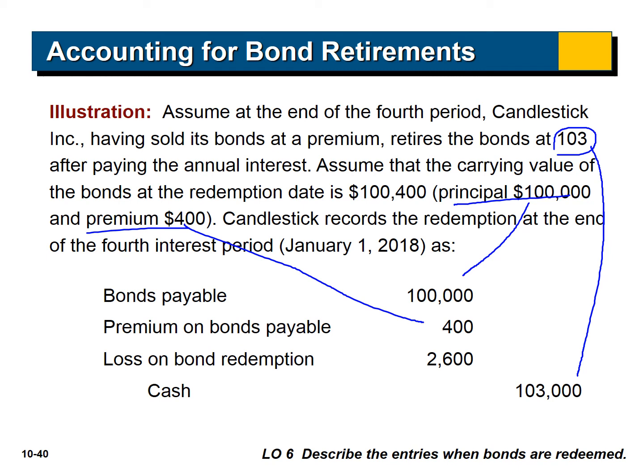Since it's a debit, it is a loss. Had it been a credit, that would have been a gain. But since we needed a debit to balance it out, it's a loss.